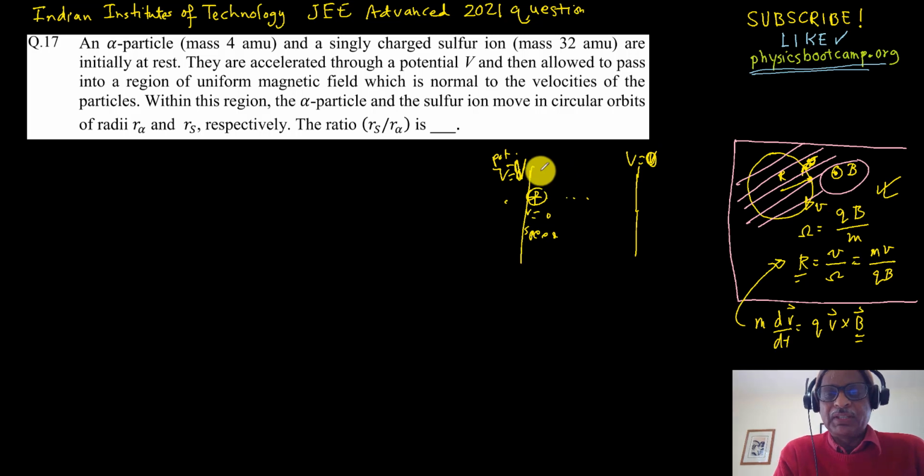So this is a positive plate and this is a negative plate, and it accelerates, and then this is where the magnetic field B region will be.